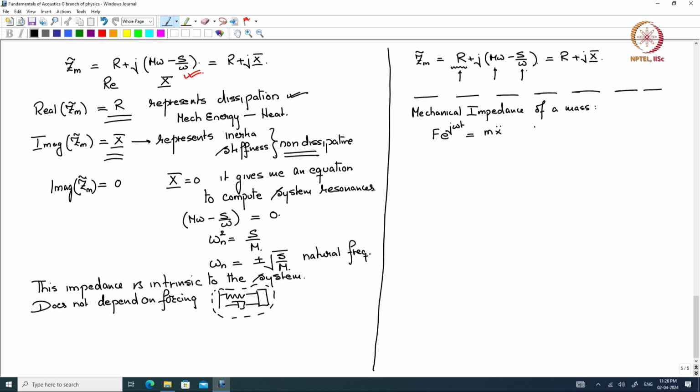Now, if I say that the x of t responds at the same frequency, so I call it some x e to the power j omega t, then my x dot of t is equal to j omega x e to the power of j omega t. Okay. So, this is the velocity amplitude v tilde, this is the total velocity.